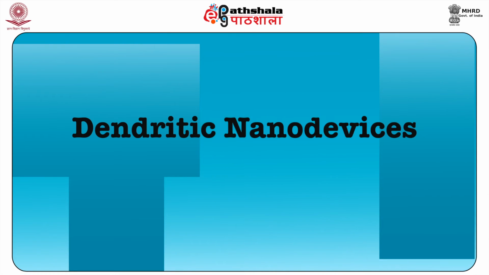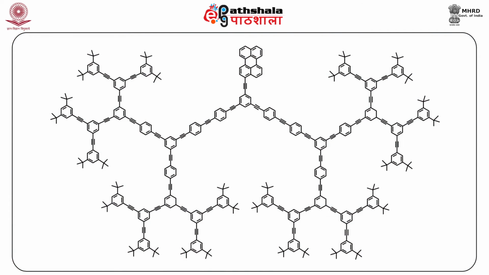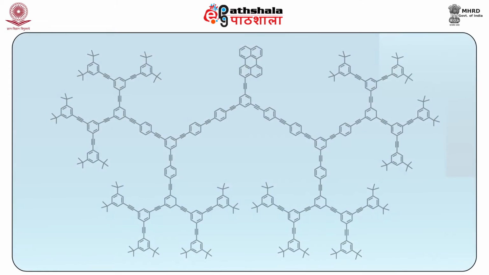Now let us study the dendritic nanodevices. Organic dendrimers such as the nanostar dendrimer shown to you in the figure exhibit energy transfer and light harvesting properties because of their fully delocalized nature, which allows orbital overlap and hence Dexter type excitation transfer.